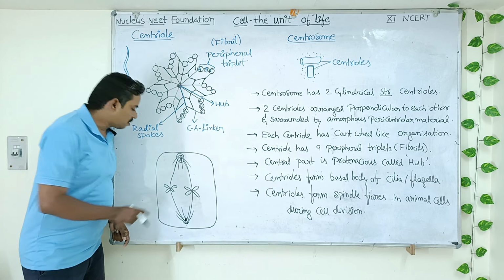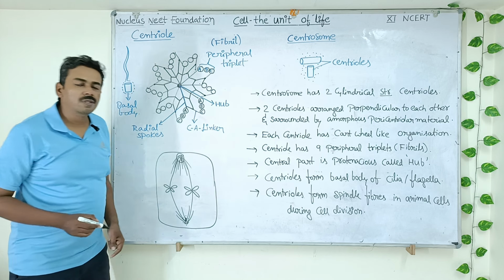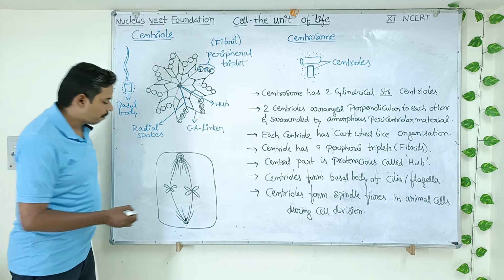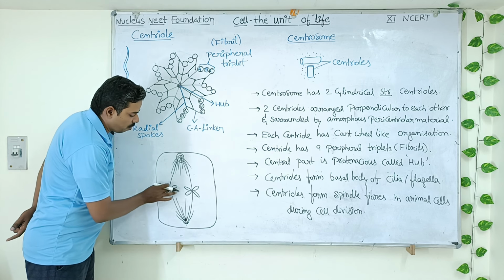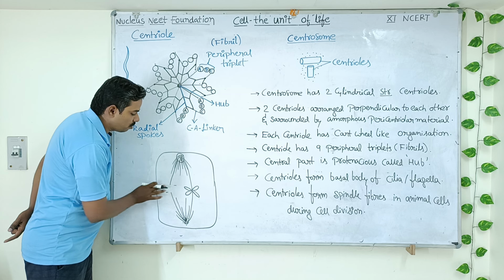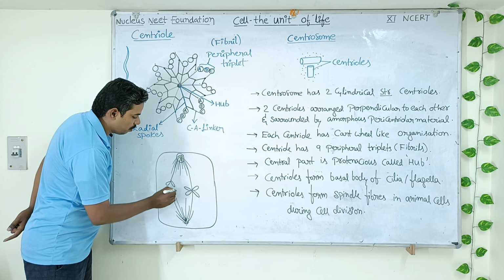These spindle fibers are made up of microtubules. When these microtubules pull the chromosomes, what happens? The chromosomes split at the centromere region and start moving towards the opposite poles.